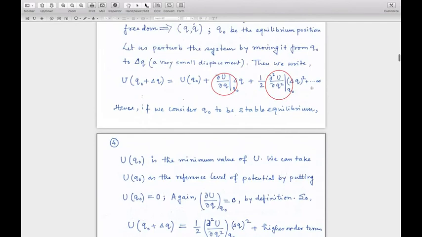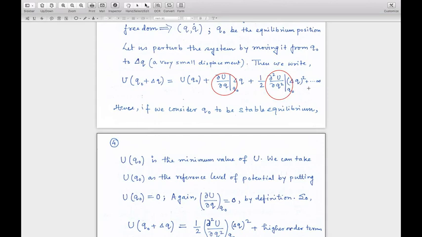Once again, you can see that this is a series expansion which goes up to infinity. So we are simply not considering the higher order terms and we stop here because delta q is a very small quantity. Okay, so only it has second order smallness.